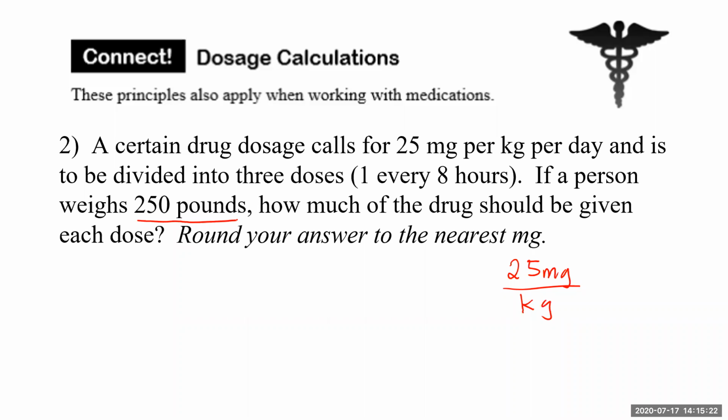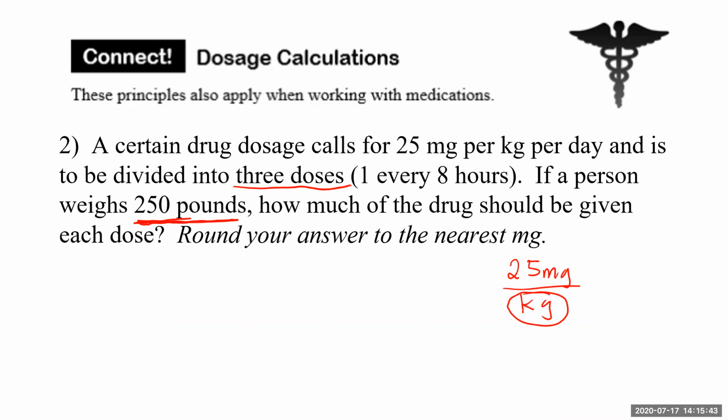Again, our standard unit is kg, but the weight of this patient is in pounds. So we have to change from pounds to kg. And don't forget that this is divided into what? 3 doses.